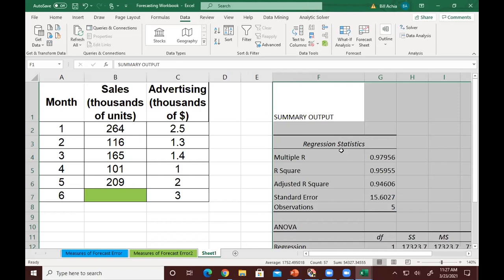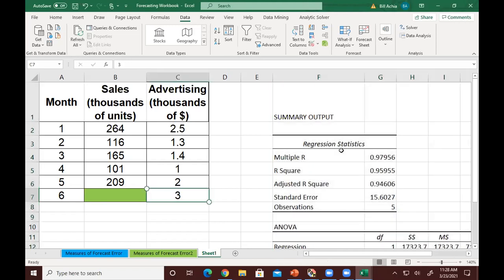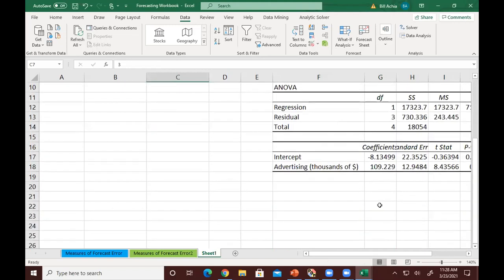Going back to the equation of a line, y is equal to a plus bx. For me to figure out what my y is going to be, I need to know what's my a, what's my b, what's my x. I already know that my x is given as 3,000, or 3. I need to come into this summary output and find my a and b, and that's going to be found right here.